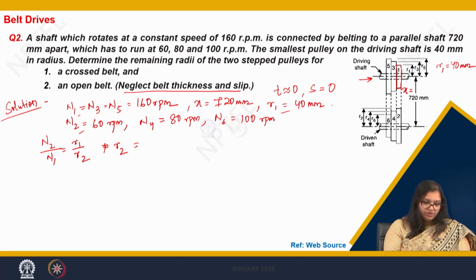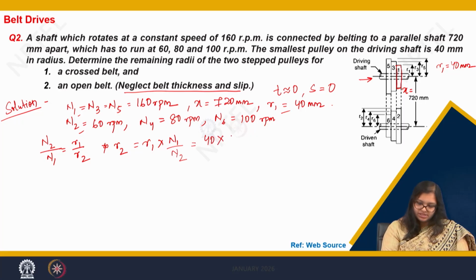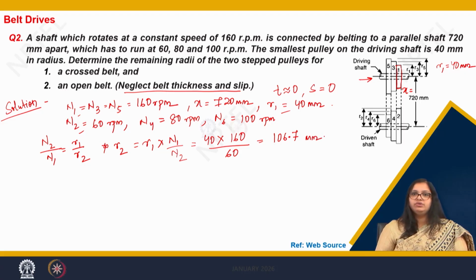So R2 is equal to R1 times N1 by N2, which is equal to 40 times 160 divided by 60, which gives me 106.7 mm. You can use your calculator to get this value.